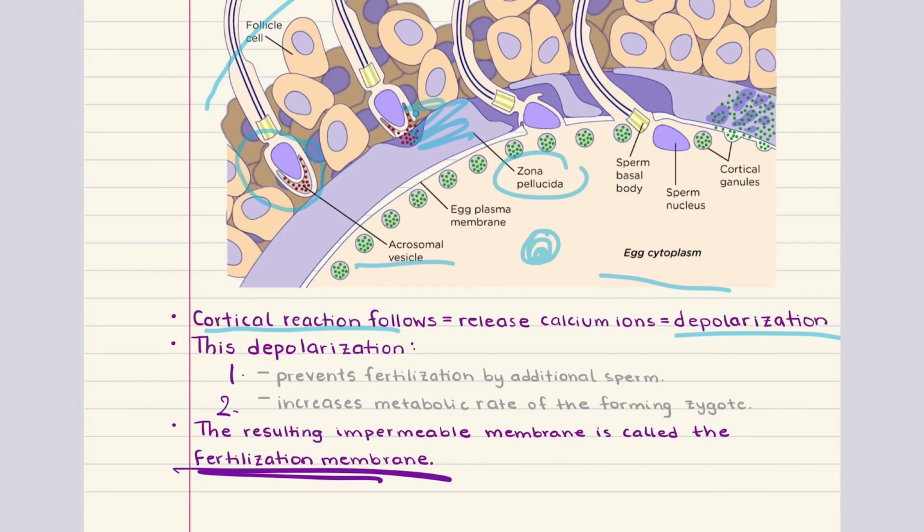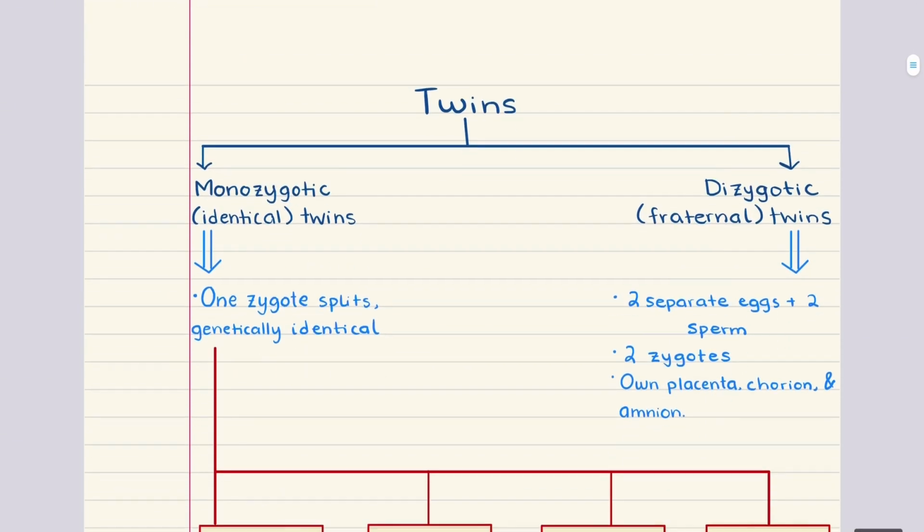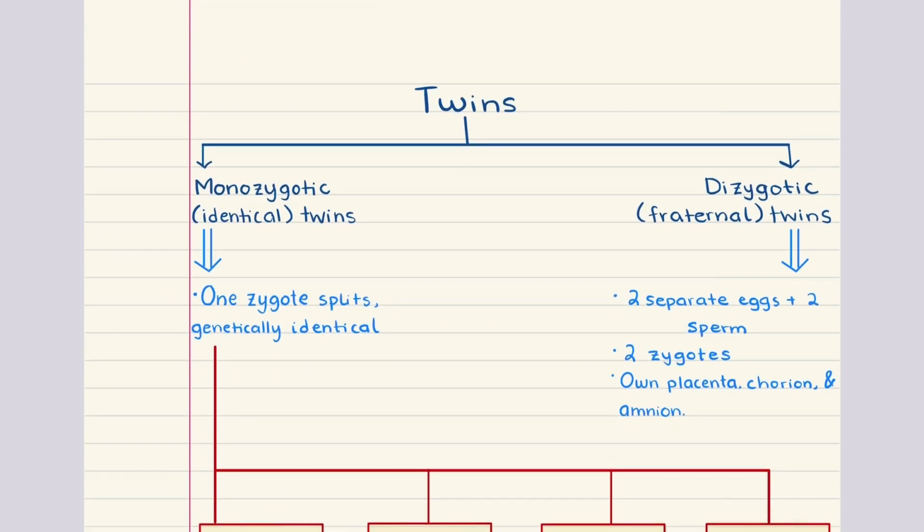Now that we've talked about fertilization, let's take a moment to discuss twins. Twins can form in one of two ways, either from one fertilized egg or from two separate ones. When two separate eggs are fertilized by two different sperm, we get dizygotic or fraternal twins. These twins are no more genetically similar than any other siblings, and each one is going to have its own placenta, chorion, and amnion.